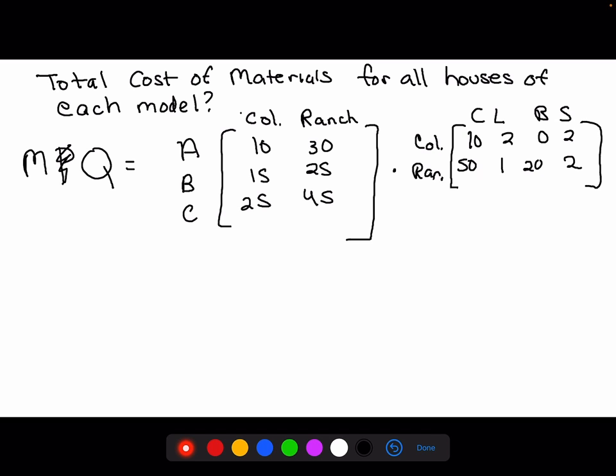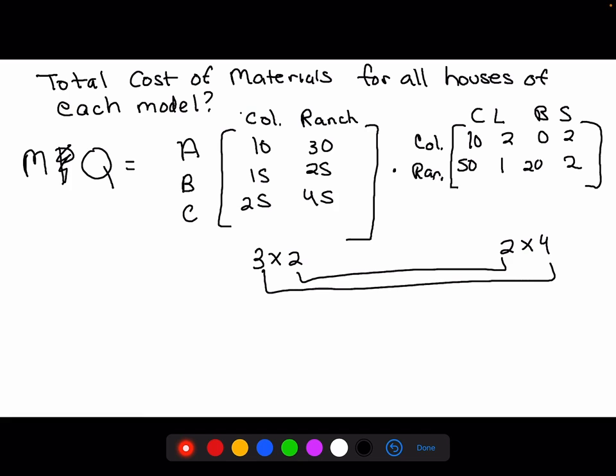So we're multiplying those together. We have a 3 by 2 that we're multiplying with a 2 by 4. This will be fine because the insides are the same, 2 and 2. Our resulting matrix should be a 3 by 4.